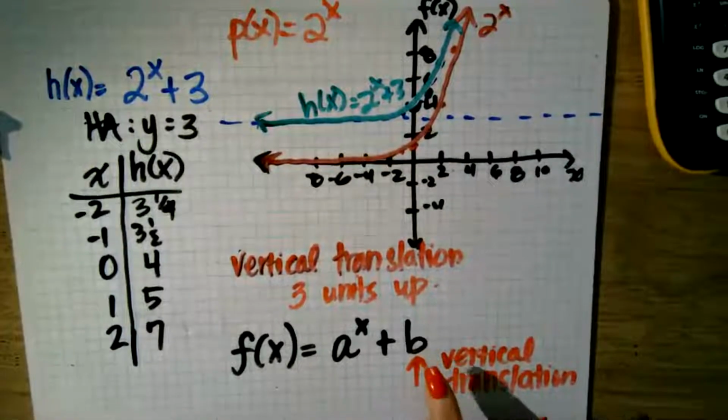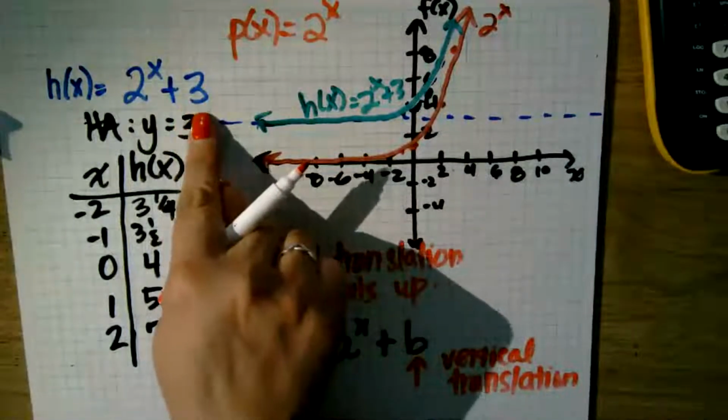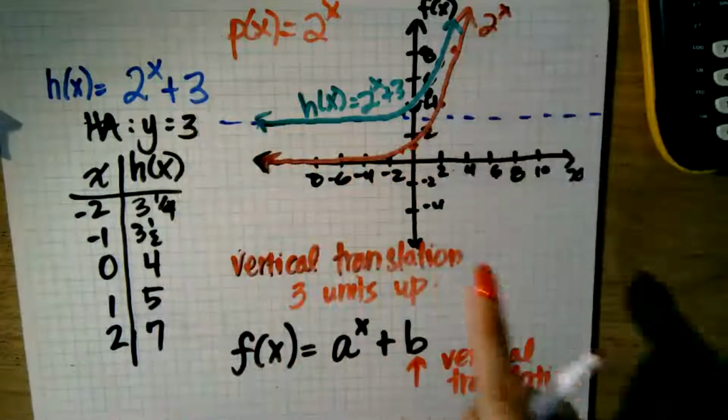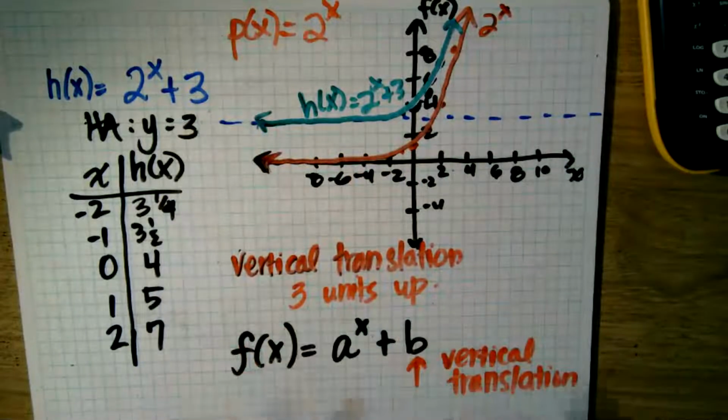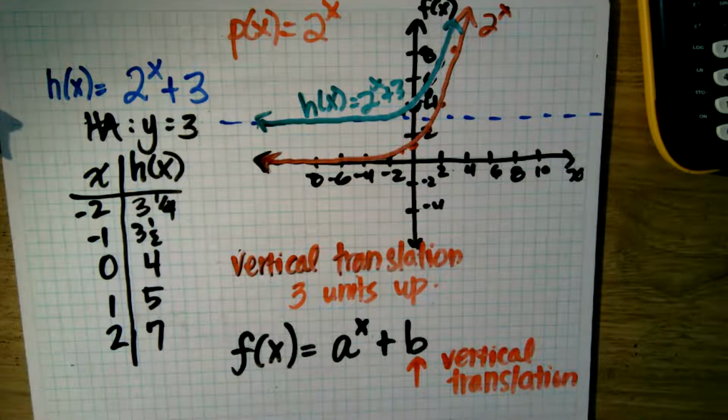If it's positive, it means up. So this one was positive, so it means 3 units up. If it's negative, in the previous example, I had -4, so that means 4 units down. Okay, so let's move on to the next one.